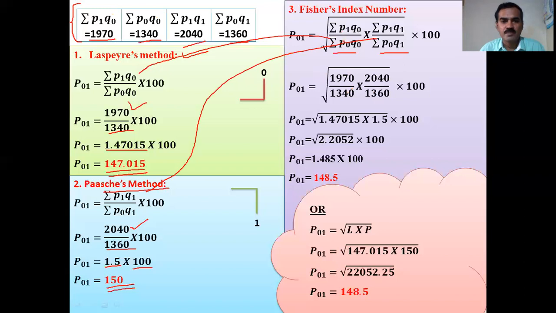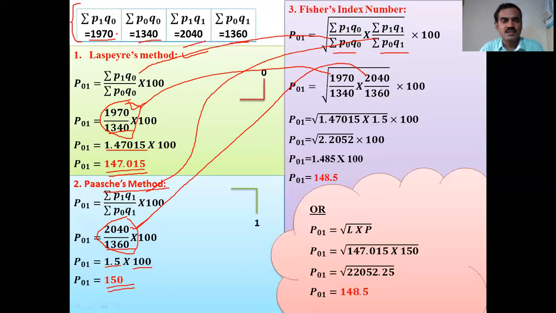You can take these values, that is 1970 divided by 1340, which you calculated in the Laspeyres method, and 2040 divided by 1360, because the formulas are the same.